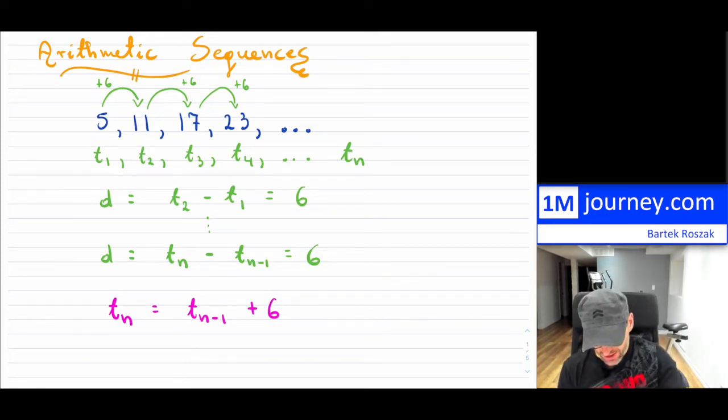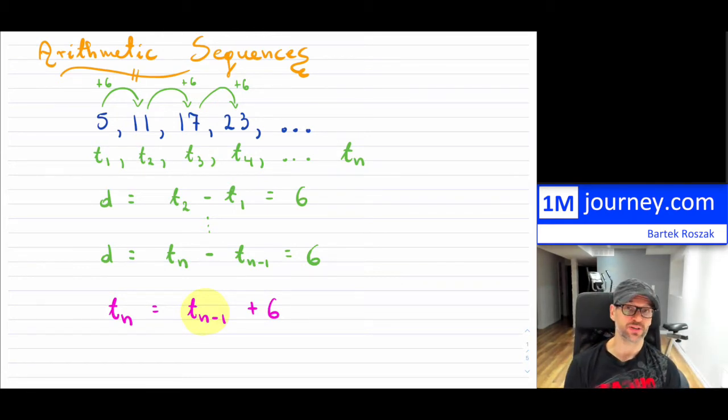Now, because we're trying to find the general term n from the previous one, so term n minus 1, we call this recursive because really we need to know the previous one in order to find the current. Now, it's sometimes helpful because we can build up.